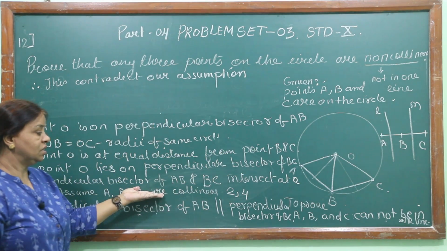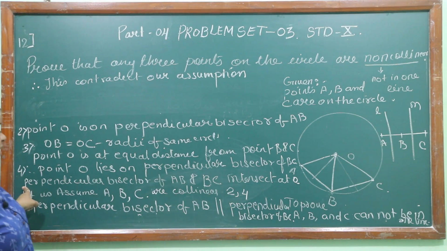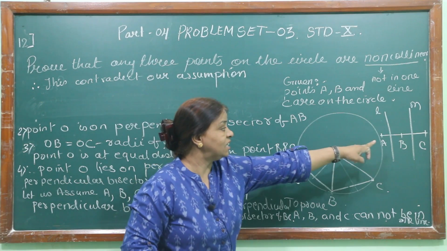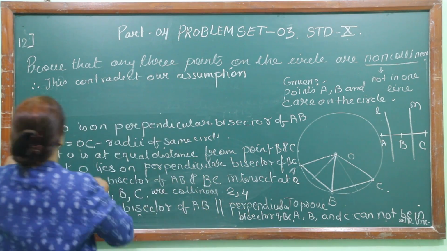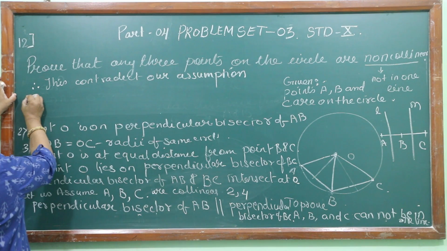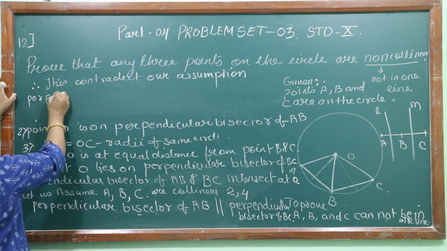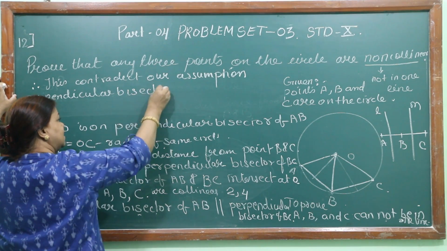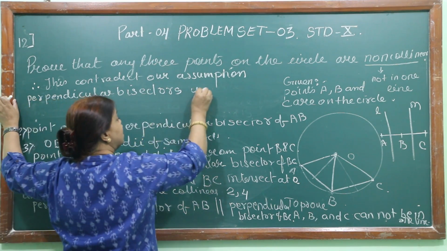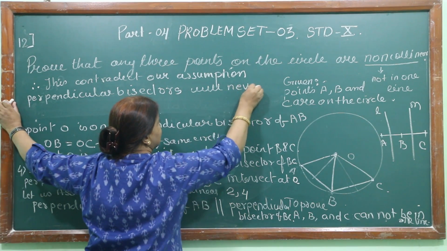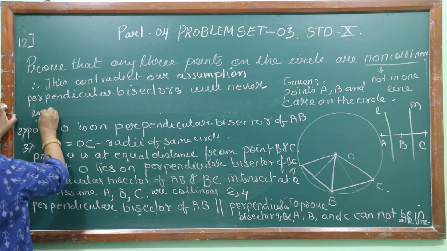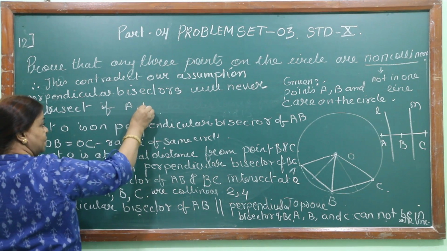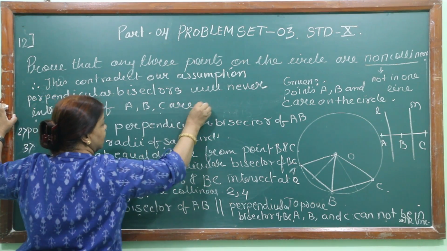But what have we got here? We have got that the perpendicular bisectors of AB and BC are intersecting. They will never intersect if the points are collinear. So contradicting our assumption means the perpendicular bisectors will never intersect if A, B, C are collinear.